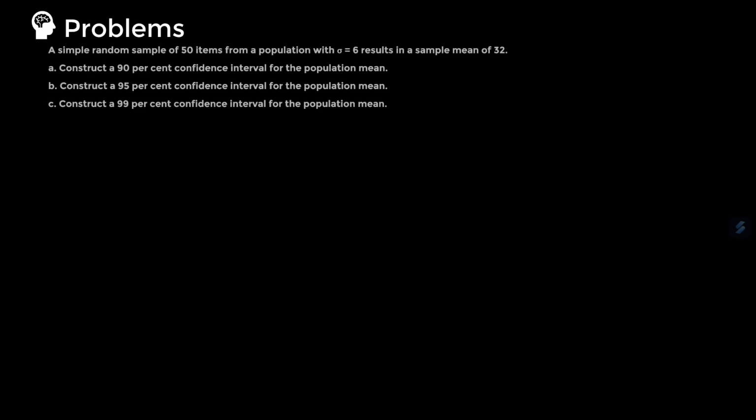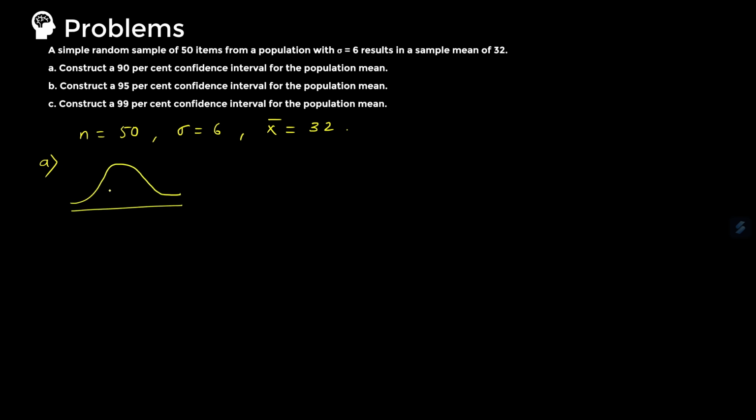to the next problem, which says a simple random sample of 50 items from a population with sigma 6 results in a sample mean of 32. We have sample size as 50, sigma, which is the population standard deviation, as 6, and sample mean, which is x bar, as 32. Then A says construct a 90% confidence interval.